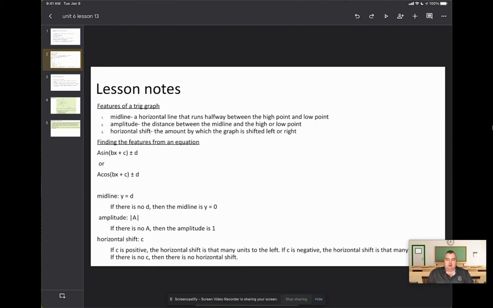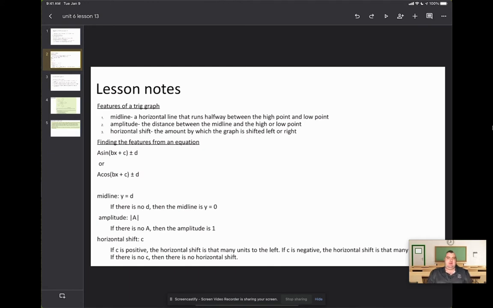And then the horizontal shift, well, that's pretty self-explanatory. We looked at horizontal shifts in Unit 5, and a horizontal shift is the amount by which the graph is shifted left or right. So remember from the first half of this unit, the cosine graph tends to start at 1, goes down to -1, and comes back up to 1.